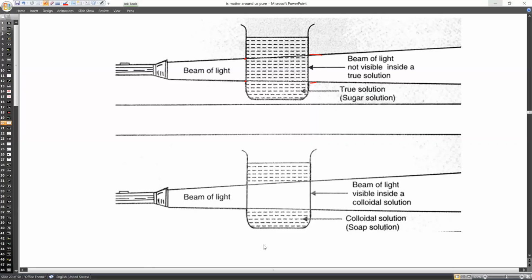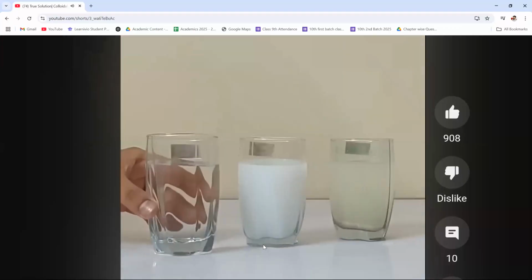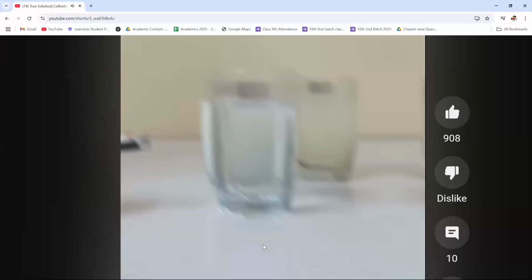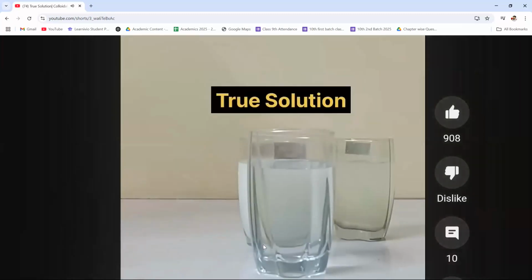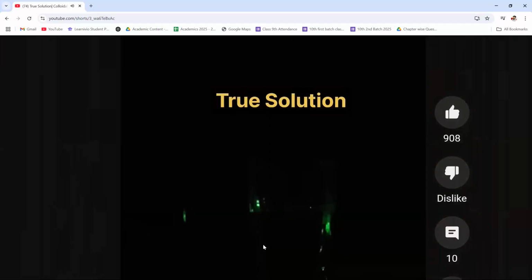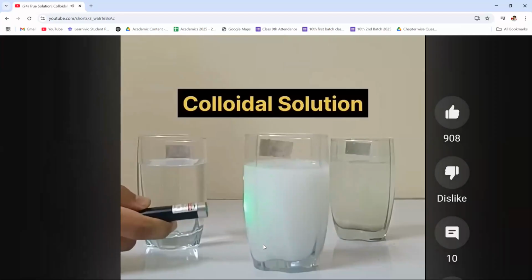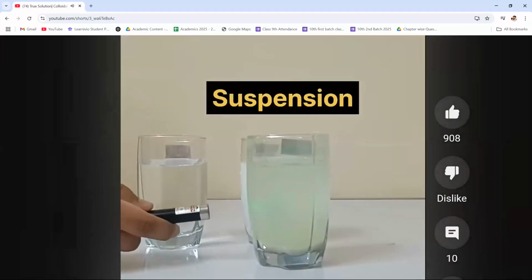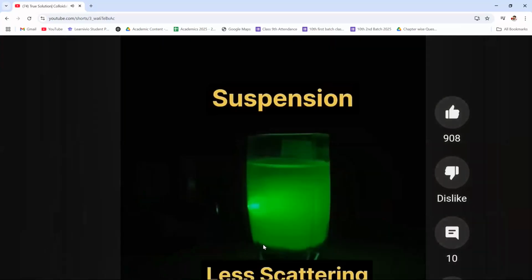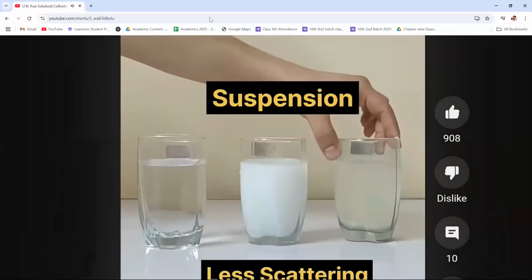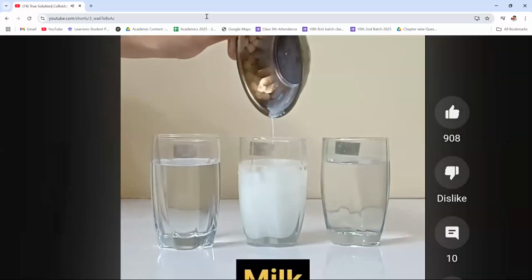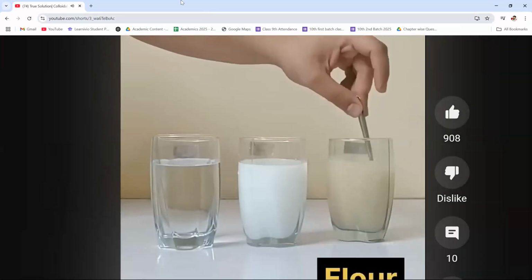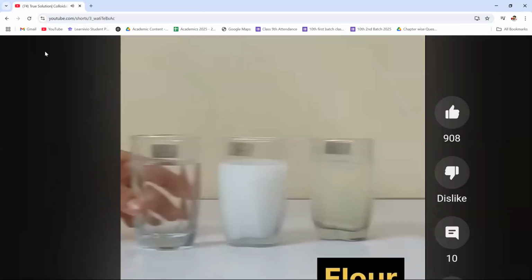You can check it: milk is a colloid, and this is a true solution of sugar and water. If you pass light through the true solution, the path of light is not visible. But with milk, the colloid disperses or scatters the light, and the whole glass lights up. Let me show you another activity. Just a minute.